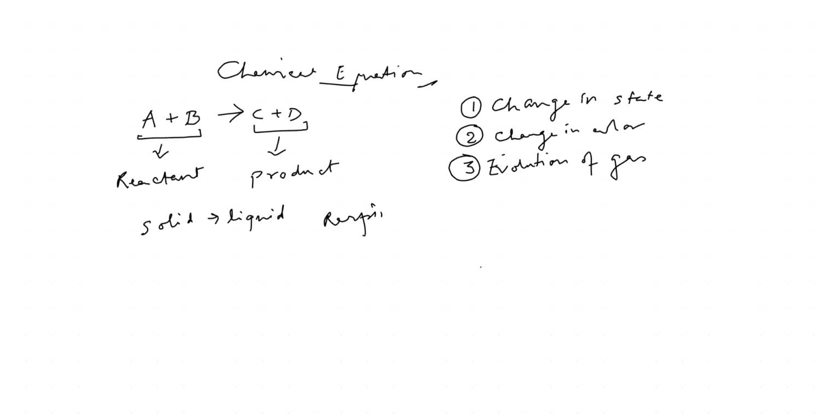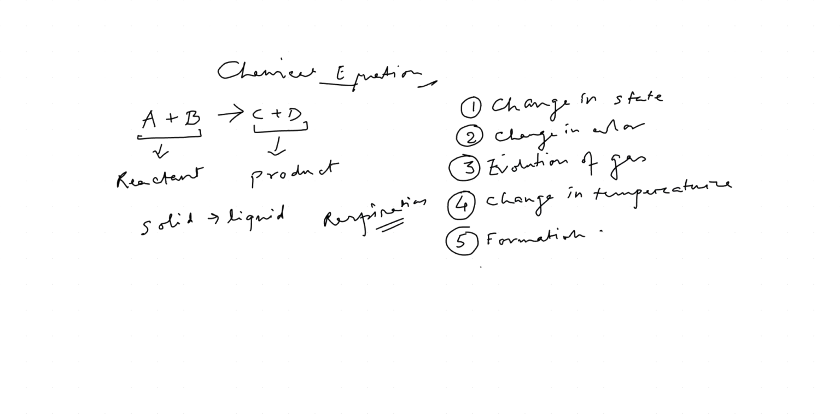Photosynthesis also has an evolution of gas. Then there is a change in temperature, which also means that some kind of chemical reaction is taking place. Or another is formation of a precipitate.